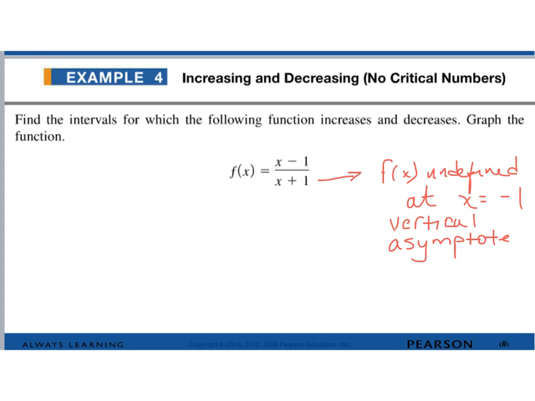To find the horizontal asymptote, you would take the limit as x approaches infinity or negative infinity, and you find that it has a horizontal asymptote at y equals 1.